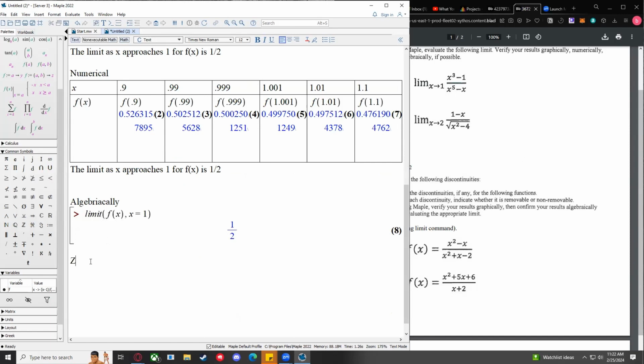I'm going to put a note here, some notes, just because in some future problems, it may be helpful to say, what is the limit from the left and what is the limit from the right? You can also do that with Maple, using the same exact command, but then just adding a comma here and then writing either left or right. And so this would give us our left-hand limit or our right-hand limit.